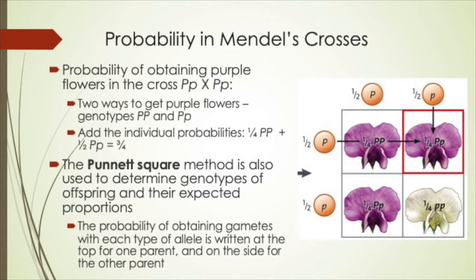So how does this pertain to our probabilities of the Mendel crosses? So the probability of obtaining purple flowers. Let's say that we have 2 ways to get purple flowers. Over here we have our Punnett square. And a Punnett square is basically you have one genotype for the male and one genotype for the female.